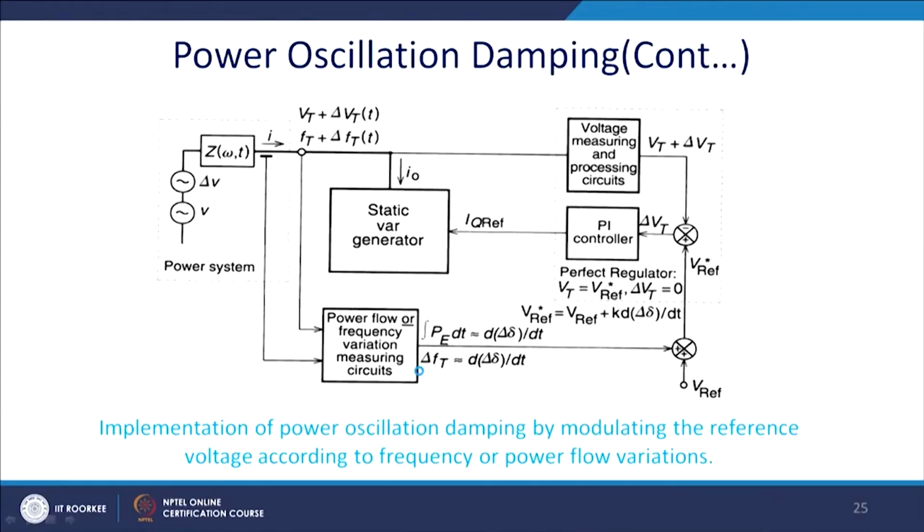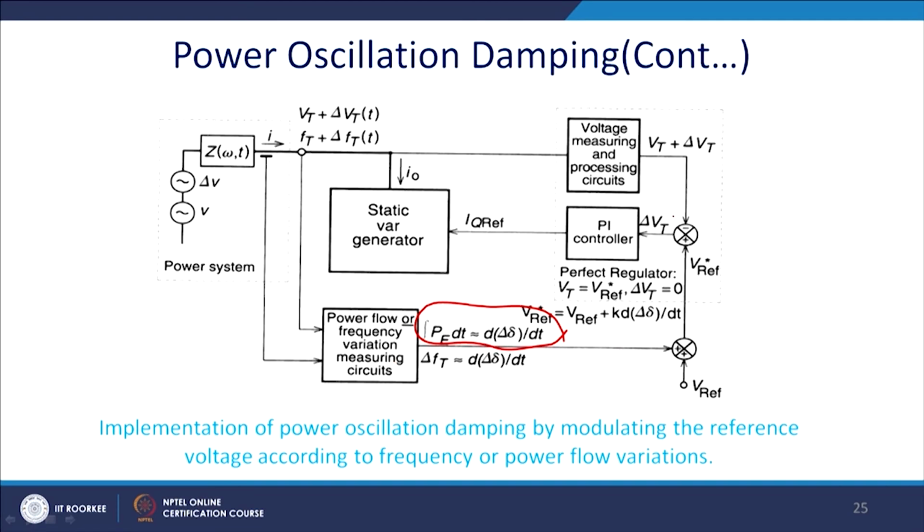So, this is the case. Again you have this thing, del V, and in this case what will happen is you will add up. Basically P dt you will increase, so that ultimately you add this, so that the power flow frequency variation circuit can measure, and accordingly you will fit the V reference.